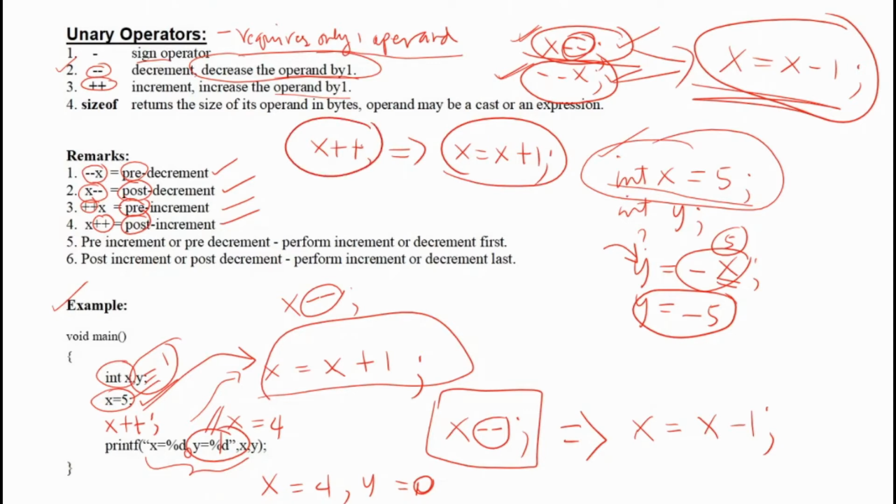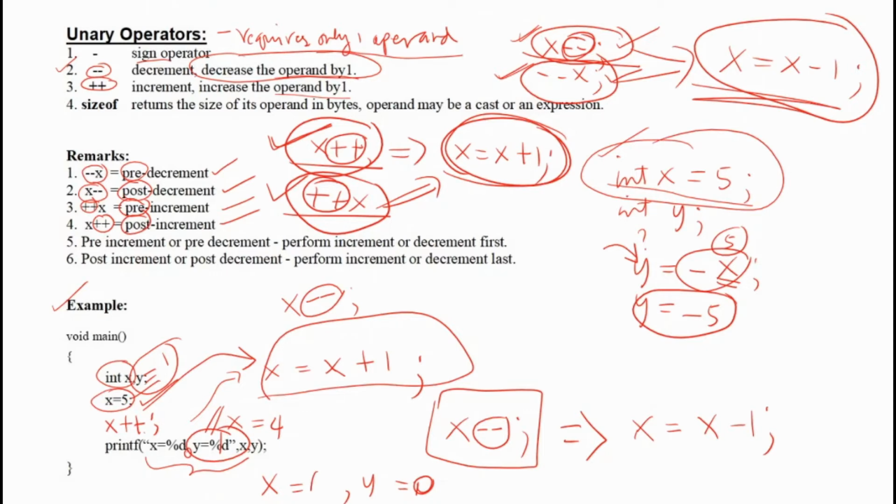And also if it is pre-increment, the post-increment and the pre-increment have the same effect. It is to add 1 to x, to increase x by 1. That is if the increment operator is the only operator in the statement. Like in this case, it is the only operator. So the output here would be x is 5, increased by 1. So this would become 6, right?